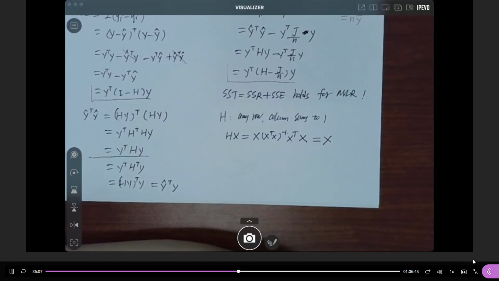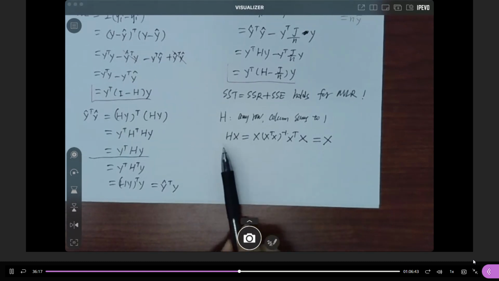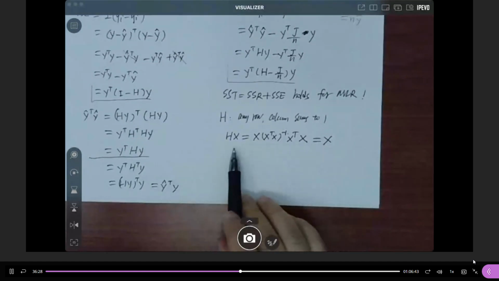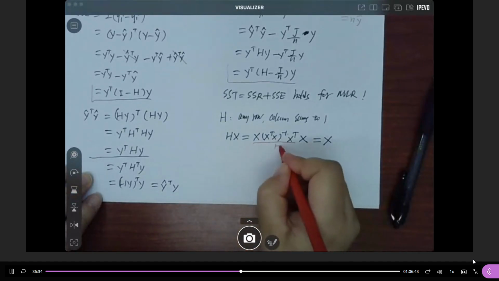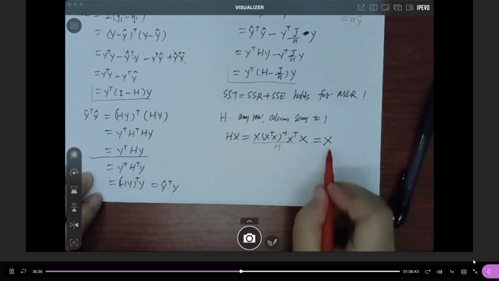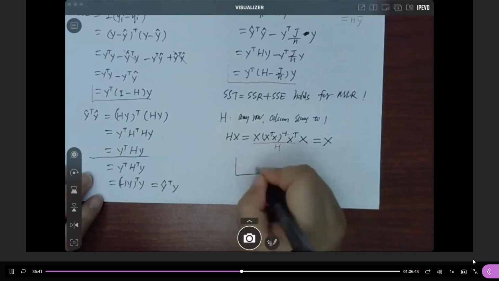If you consider H as a projection matrix, you take any column from X, consider it a vector, and once it is projected by H, it projects to itself. So does that follow that H squared equals H itself? Of course, H squared equals H. So this is H multiplied by X equals X. If you take X as a matrix, remember it has many columns.